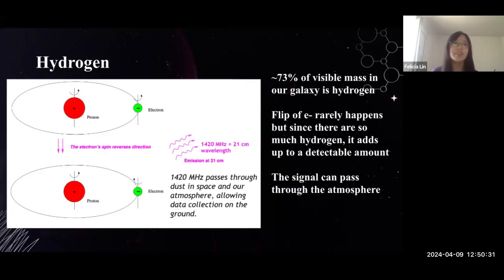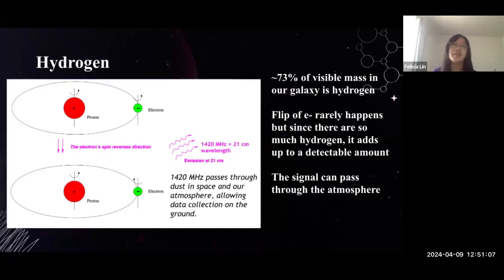Hydrogen has a proton and an electron, and they both have a spin. When the electron, which originally spins the same way as the proton, switches its spin to the opposite direction from the proton, it emits a wavelength of 21 centimeters, or 1420 megahertz.